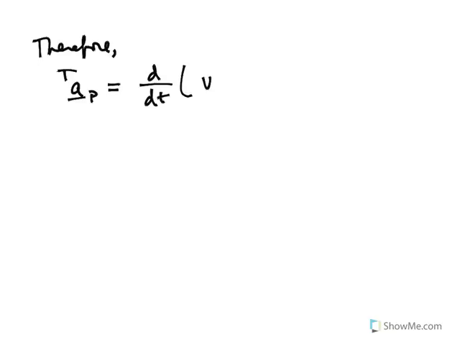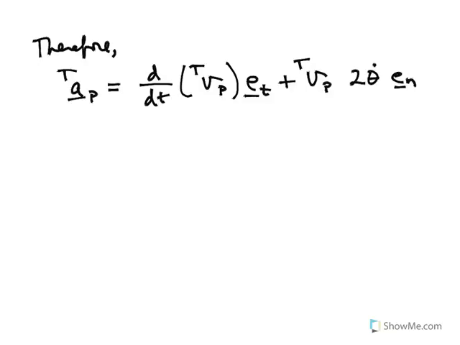So if I substitute that, we obtain the following result for the acceleration. The acceleration of P as viewed by an observer fixed to the track is equal to d/dt of the speed times the tangent vector, plus the speed times the magnitude of de_t/dt, which is equal to 2 theta dot times the normal vector.